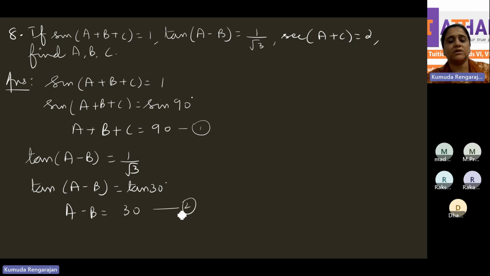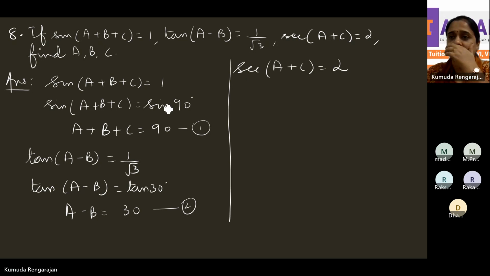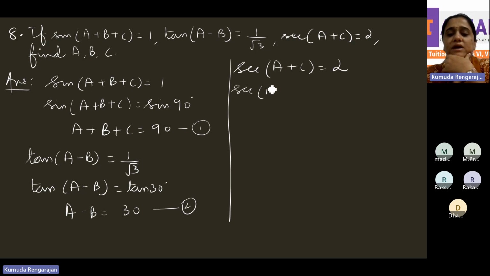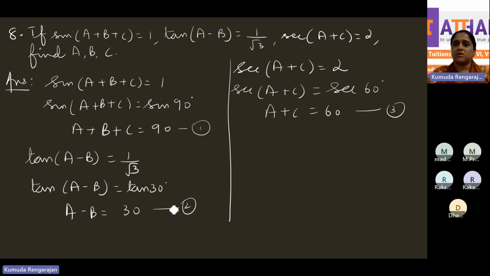Next, secant of A plus C is equal to 2. So secant of A plus C is equal to secant 60 degrees. So A plus C is equal to 60. So now we have three equations.